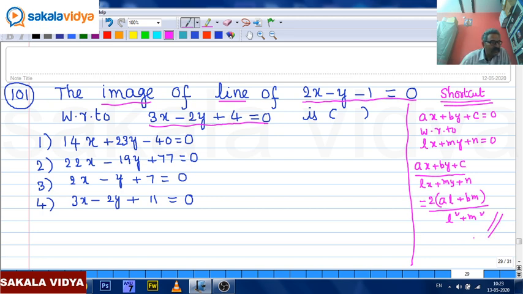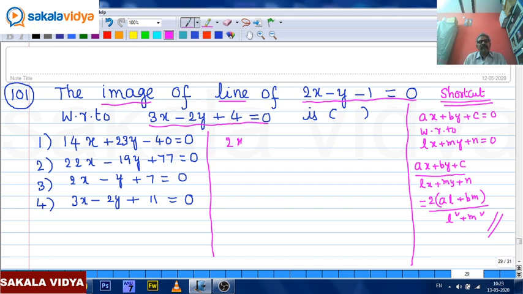So this we need to find out. Image of this line we need.